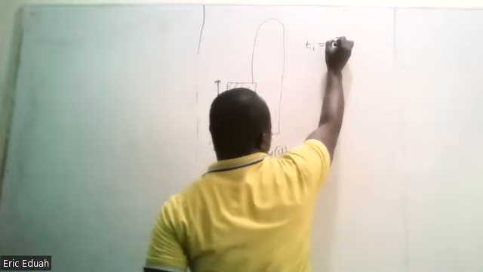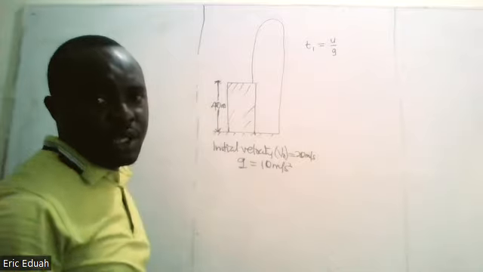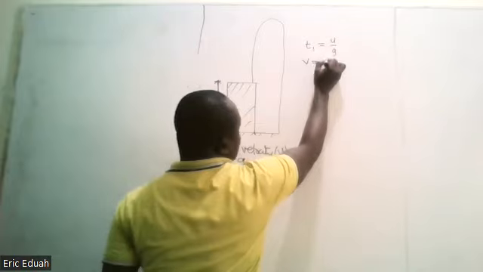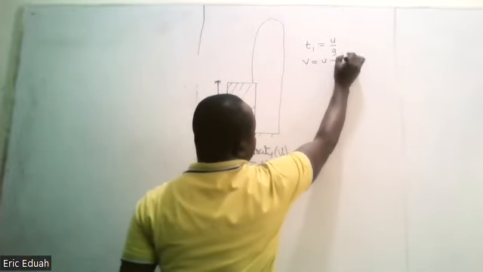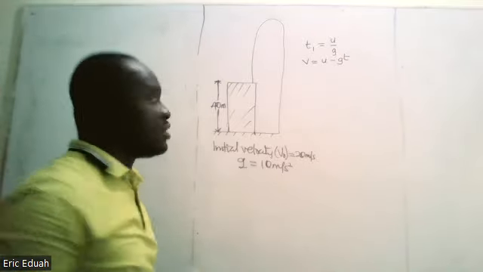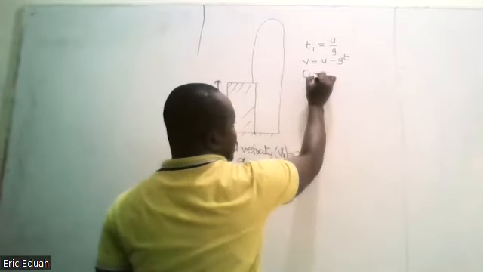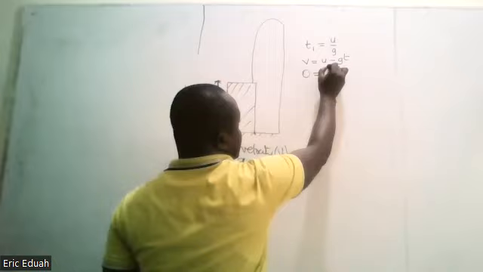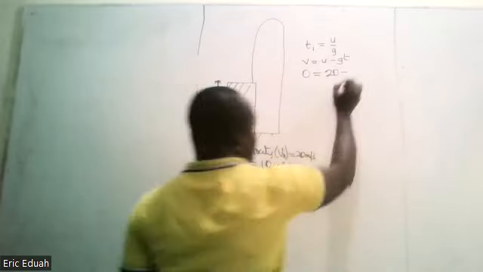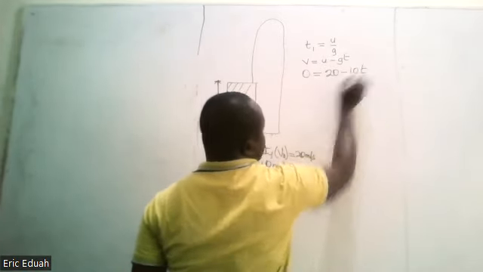Certainly it would be equal to U on g, or when you use the first equation of motion, V is equal to U minus gt, knowing that at the maximum height, the final velocity is 0. When you substitute 0 for this, and then initial velocity 20 minus acceleration due to gravity, which was given to us as 10 meters per second squared, t.